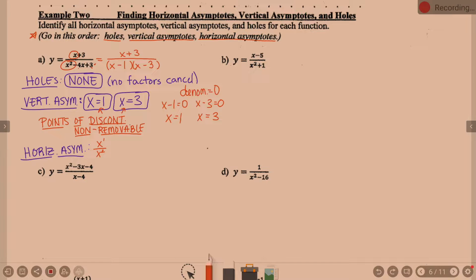So right here, we're thinking about x to the first over x to the second. Where is the bigger power? On bottom. What do my rules say when the biggest power is on bottom? Y equals 0, right?